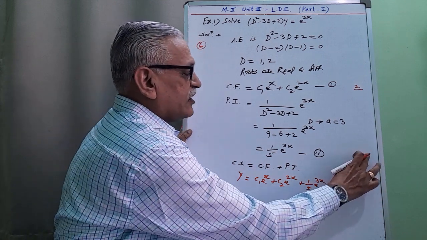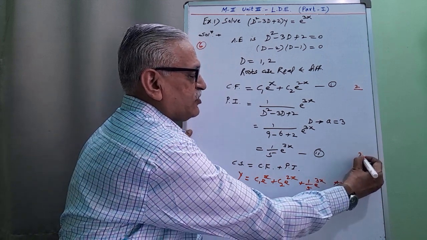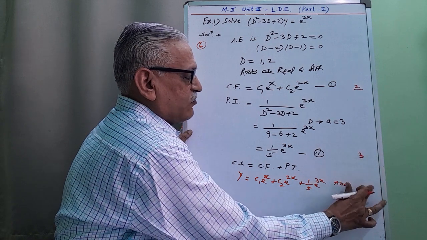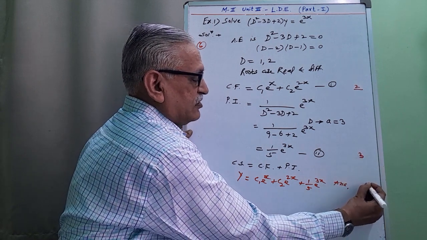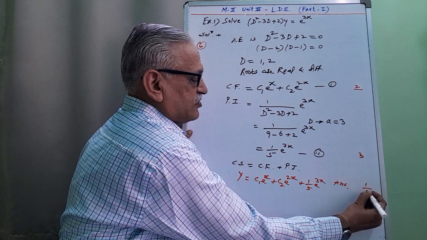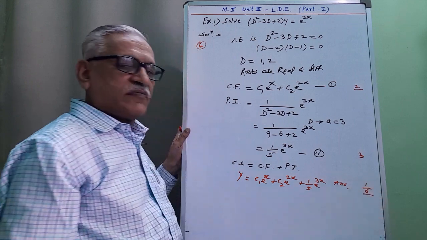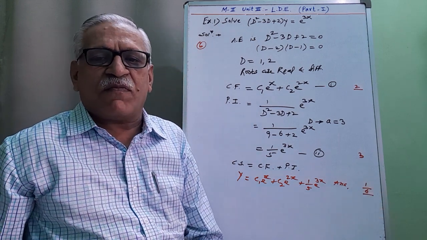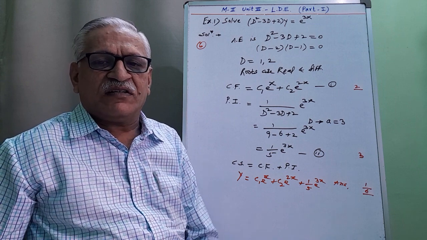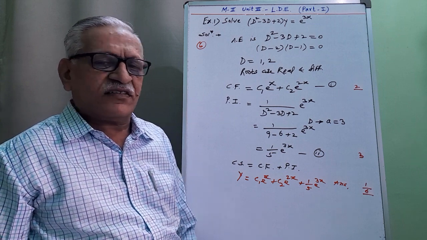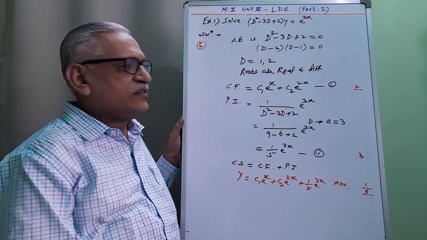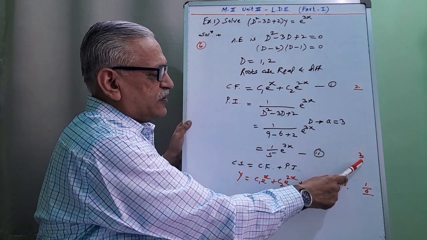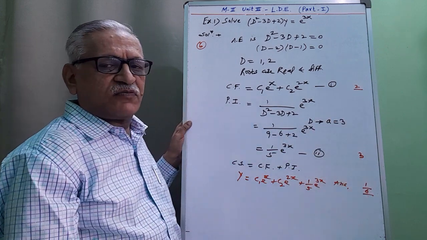Or sometimes it may be like this: 3 marks for this PI and 1 mark for this last answer. Total 6 marks. This is the scheme of marking, approximate, not exact. It may vary by 1 or 2%. Therefore, 2 plus 3 is 5, 5 plus 1, we get 6 marks.